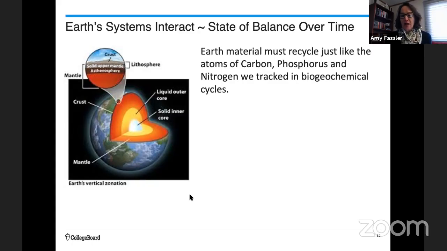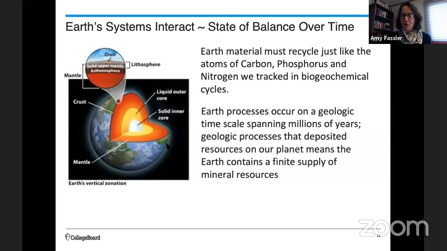Well, Earth material has to move through a cycle in and of itself. Those same atoms of nitrogen, phosphorus, and carbon are often found in the lithosphere, the solid part of our planet. So these long-term geologic processes that occur over millions of years are important in helping us put that idea of biogeochemical cycles all together.